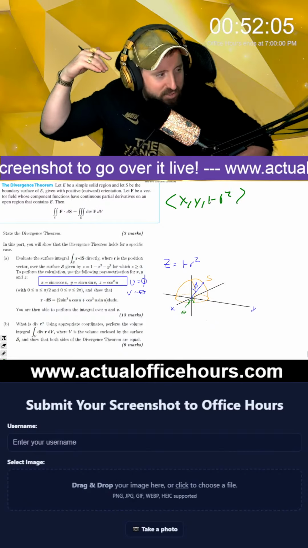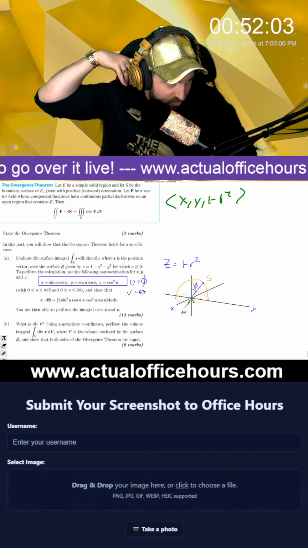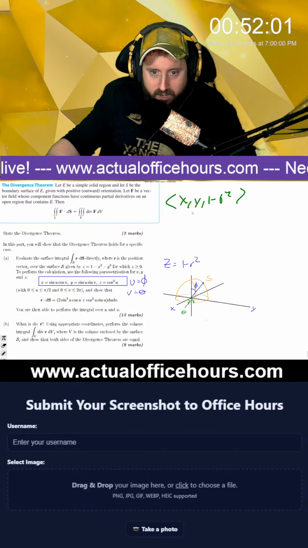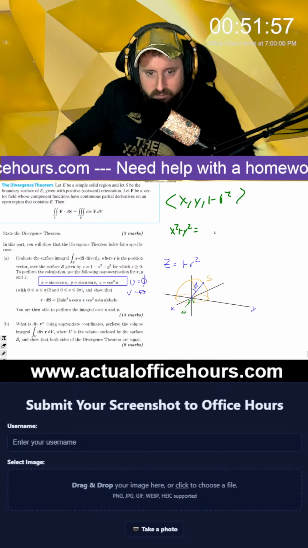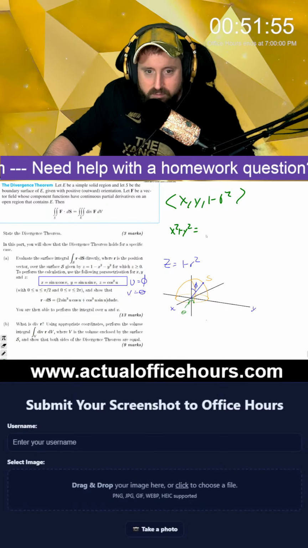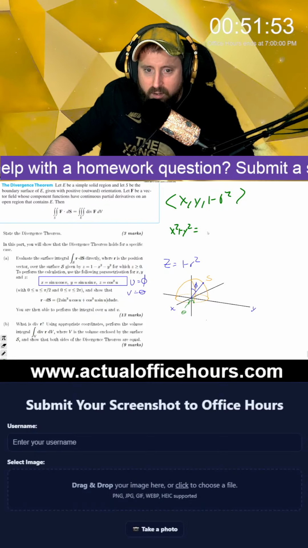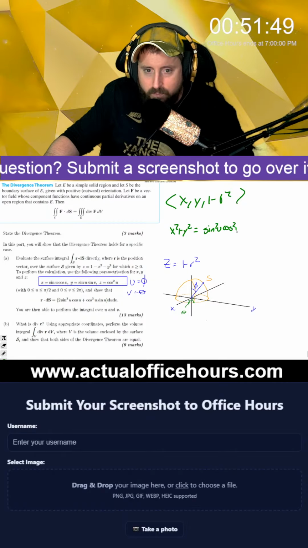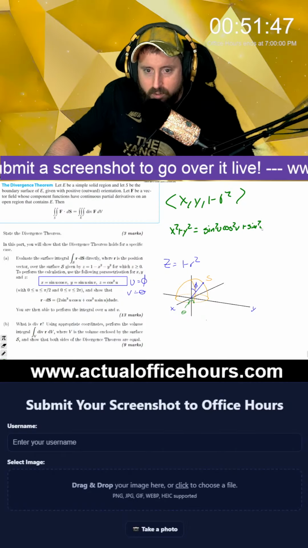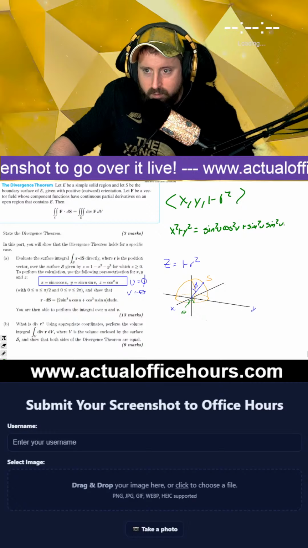And they already gave us the parameterization. You can see why this makes sense though, right? So x squared plus y squared ends up being sine squared u cosine squared v plus sine squared u sine squared v.